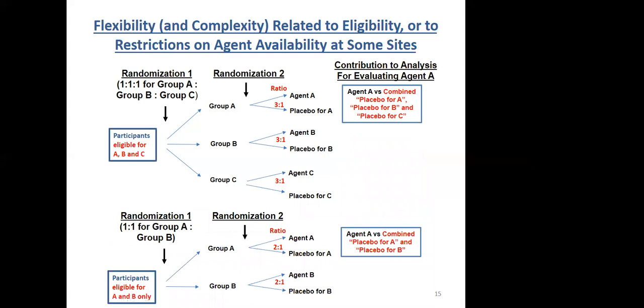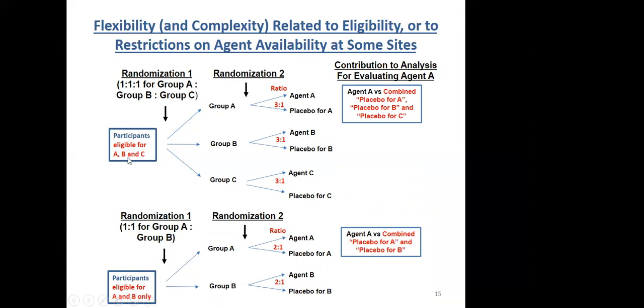Okay, so there are some other complexities with this, and what I didn't mention on the previous slide, when I talk about participants, it's possible that participants might not be eligible for all of the agents. So it's important to appreciate that there is an assessment of eligibility.